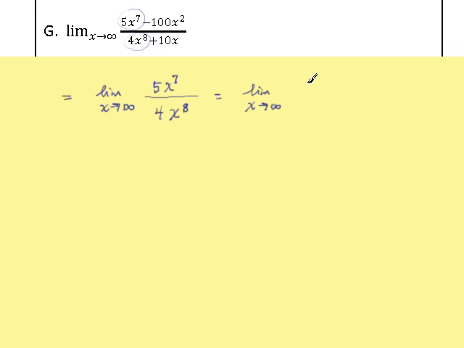Let's reduce that, and we have 5 over 4x. The denominator is going to infinity, and the numerator is 5. So this is what I would call a 1 over infinity limit. A 1 over infinity limit is always equal to 0.